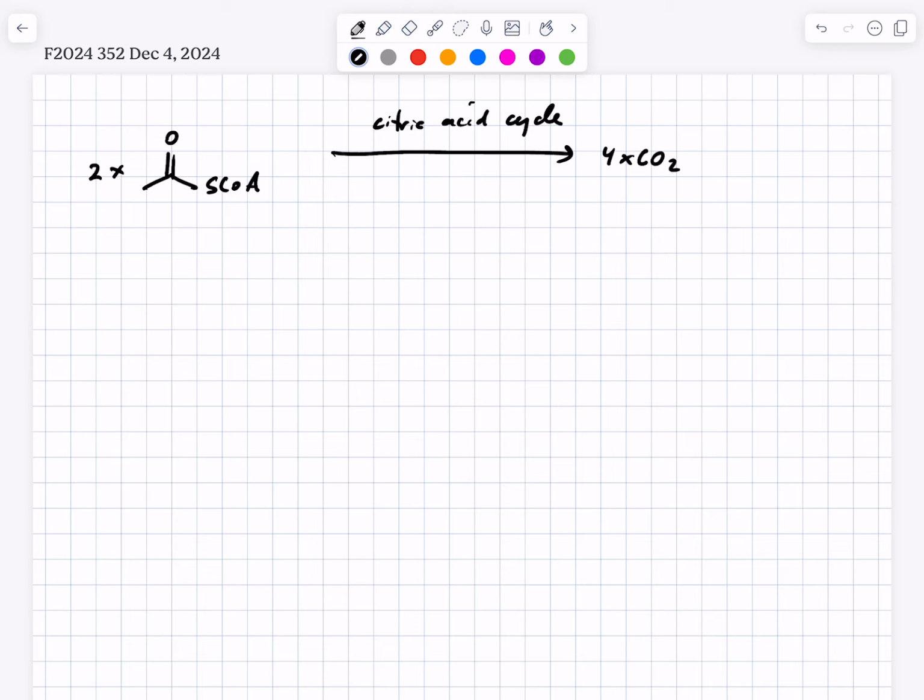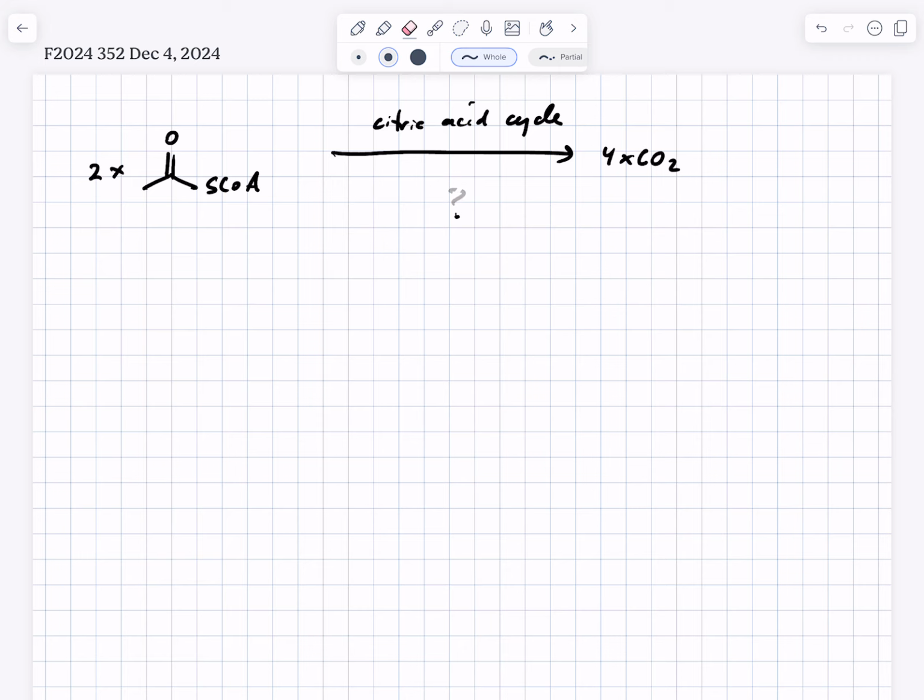And along the way, we're going to recover a bunch of molecules of NADH and ATP. And you'll see just how much we generate along the way. We'll summarize this in the end.